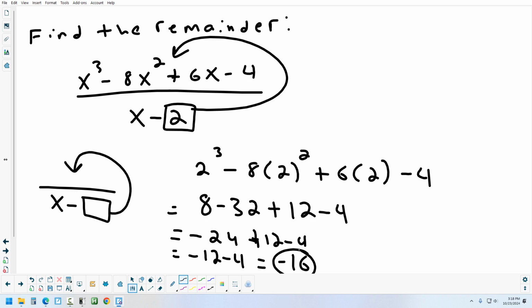Now, because we got a remainder of negative 16, what does that mean about x minus 2 compared to the top?